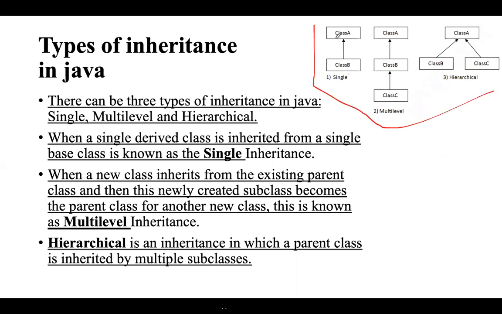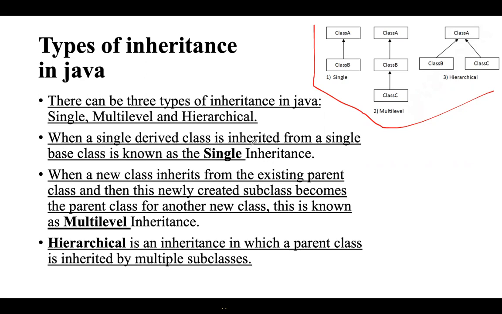When a single class becomes the child class of another single class, this is called single inheritance. Another phrase: when a single class B is deriving from a single class A, this is called single inheritance.